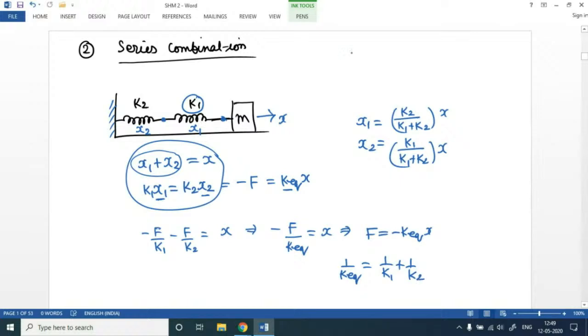In more general form, you can write 1 by k equivalent is equal to summation of 1 by k_i, where there would be many springs in series with each other. Then the time period you should realize would be nothing but 2 pi root under m by k equivalent over here, right?